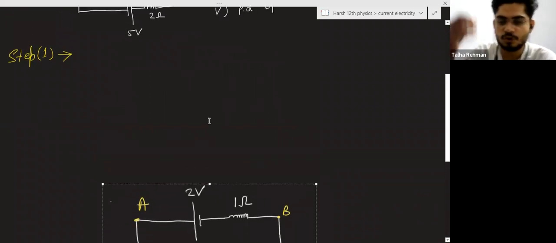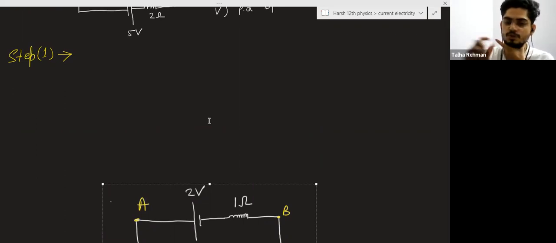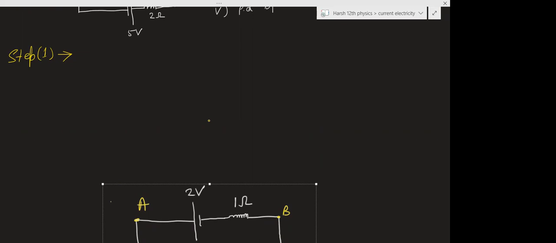Step 1: you will choose the direction of current. Means you will choose the current direction in the circuit.